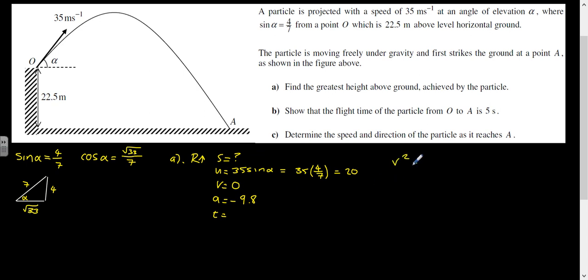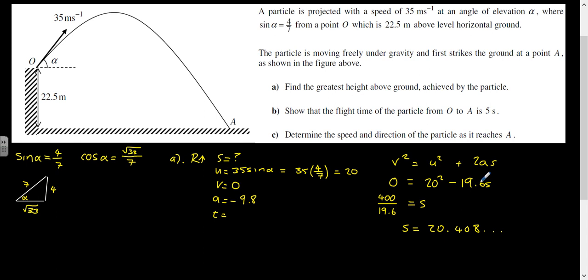So we can use v squared equals u squared plus 2as for this. 0 is going to be 20 squared minus 19.6s. And so s is going to be whatever we get when we do 400 divided by 19.6. So s equals 20.408.